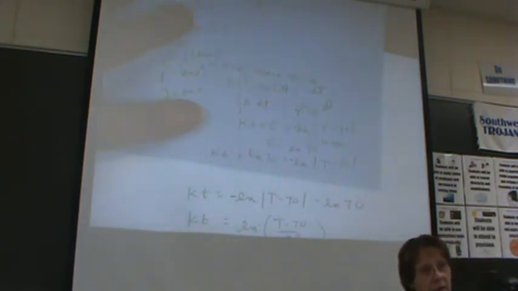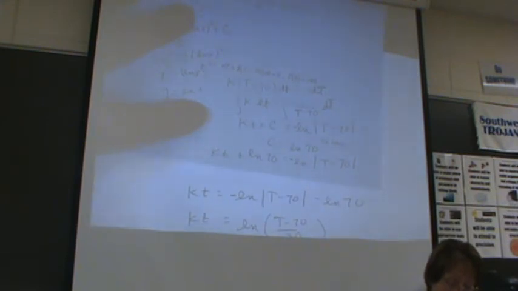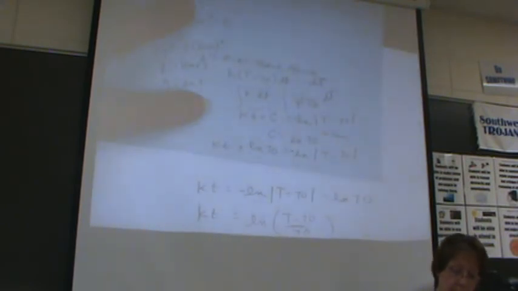I'm really getting messed up with negatives today, aren't I? Which means this thing is a negative, which means this is a negative. So both of those things are going to end up in the denominator, aren't they? Yeah, good call, Adam. So it's going to be the ln of 1 over 70 times t minus 70, because they're both negative. Actually, let's just pull out a negative.